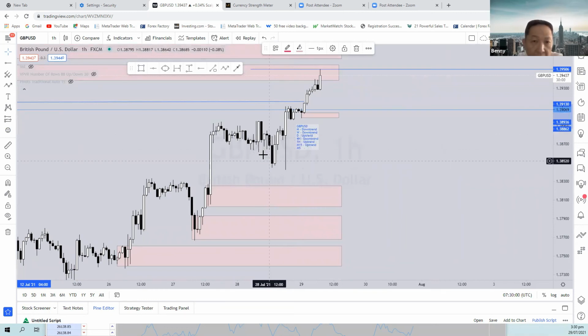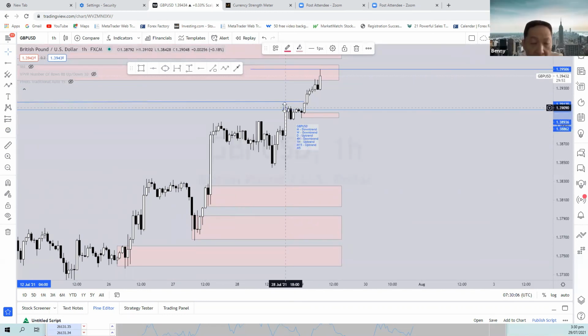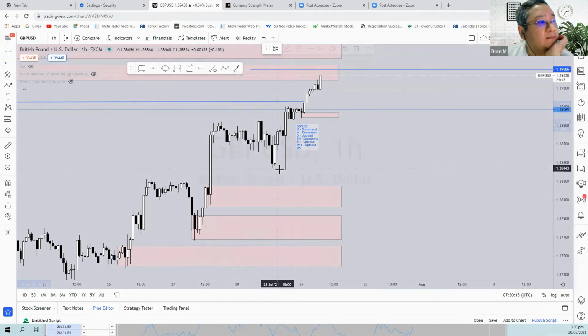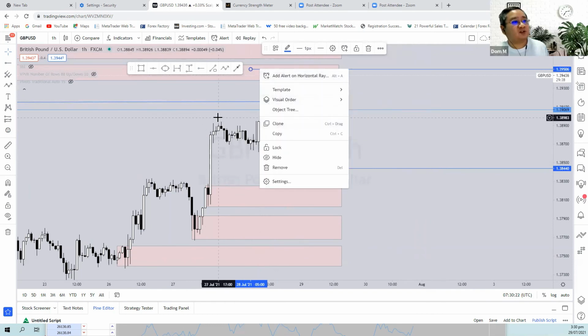It took out all the stop loss here. And it moved higher. Then one more time, institution sell, took out the low here. So where is the origin that took out the high? The origin is this one. So that's the range.